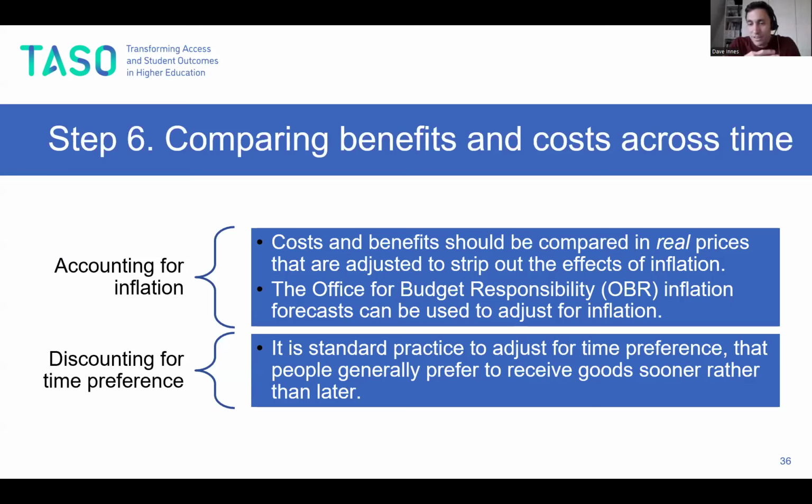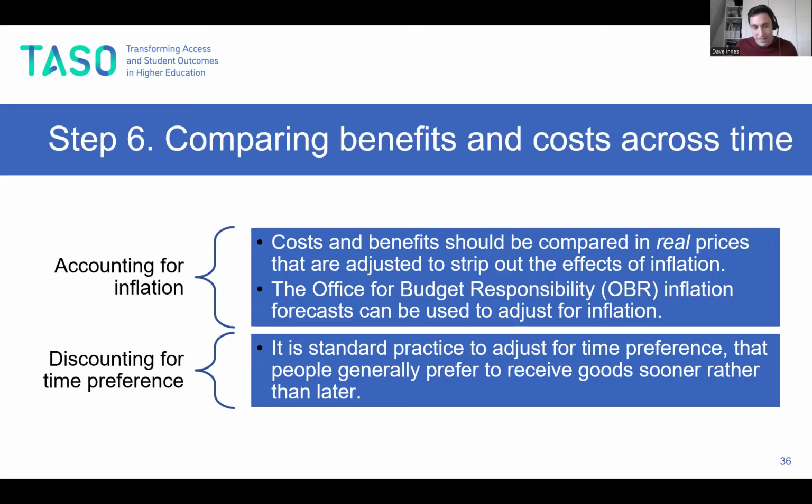So for example, if a good is going to increase in price by 10% over the next 3 years, we want to strip out the impact of that inflation, so that we're comparing in terms of the real value of goods and services and benefits created by an intervention. In our tool, we use the Office for Budget Responsibility forecasts of inflation to adjust. But again, you don't have to. In the guidance, you would in future have to download the latest ones, but the tool will do the calculation for you.